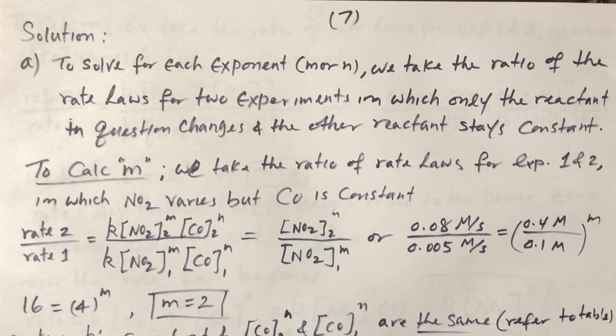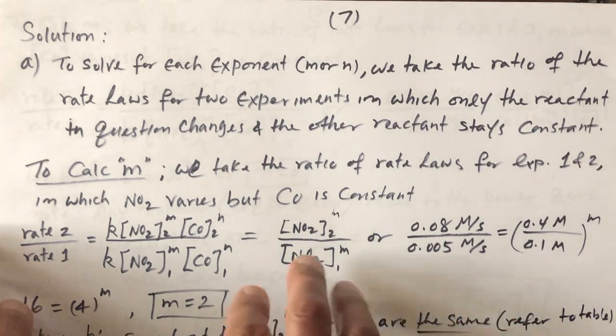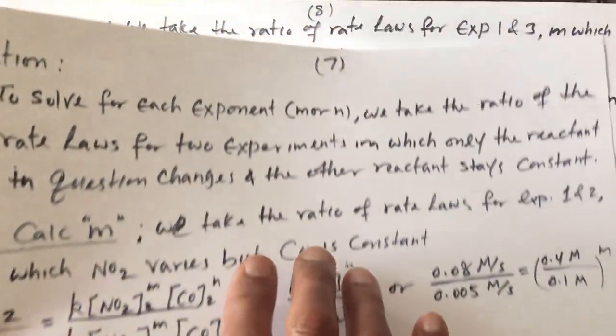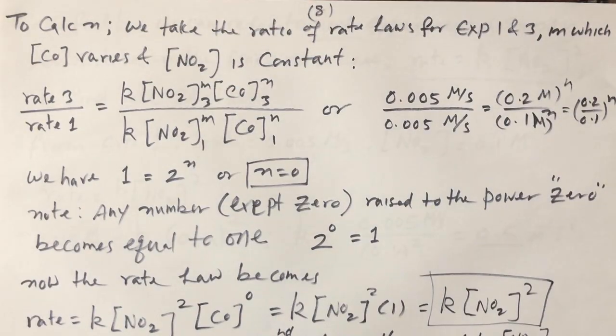And I've also indicated here at the bottom of the page the same thing that I just explained: that the K's are constant, they cancel out, and the CO, the carbon monoxide, in both experiments is held constant, so therefore we can easily cancel everything out except the concentration of NO2 that you're dealing with. Okay? And I've also indicated that it's best to refer to the table to verify those statements.